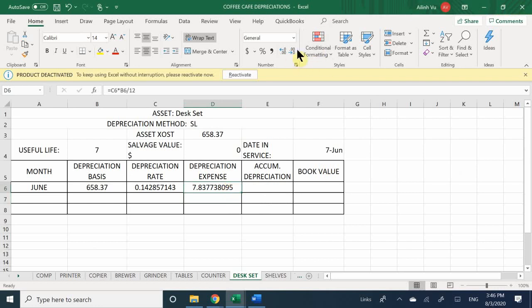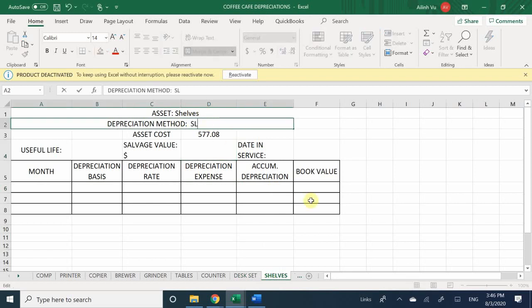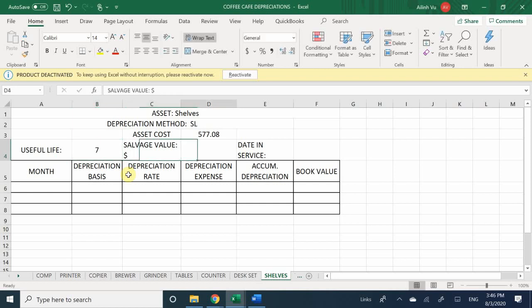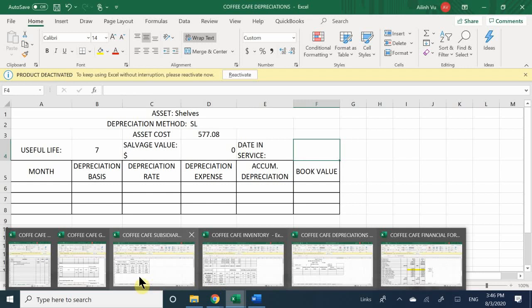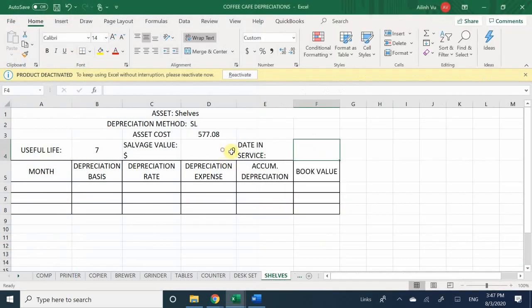Round to 84, because the next number after that is a 7. Okay, good. Lastly, we have our shelves. Our shelves are also straight line. It should last us 7 years, with 0 salvage value, and we put this in service on the 7th of June.